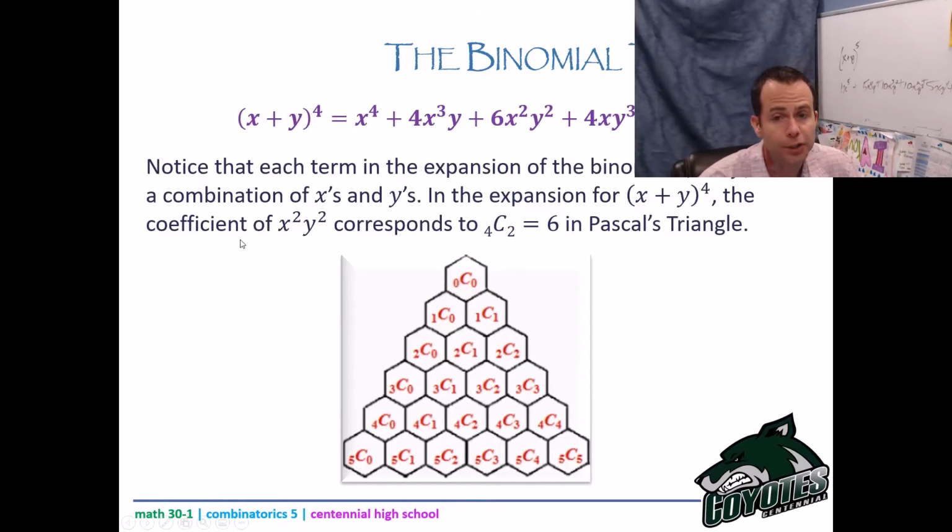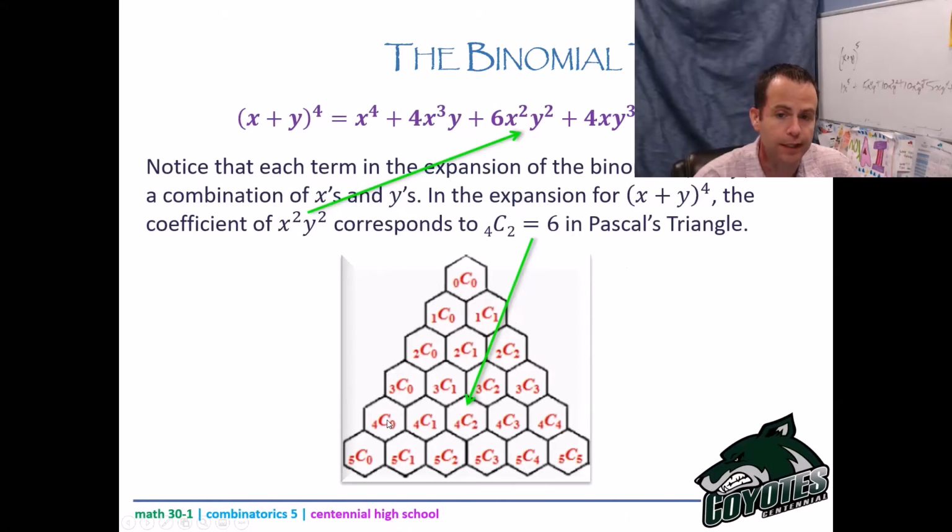The coefficient, so in the expansion for (x plus y) to the 4, the coefficient of x squared y squared corresponds to 4 choose 2, okay, equals 6. So x squared y squared is right there, and we get the coefficient of 6, but 4 choose 2 is right there.